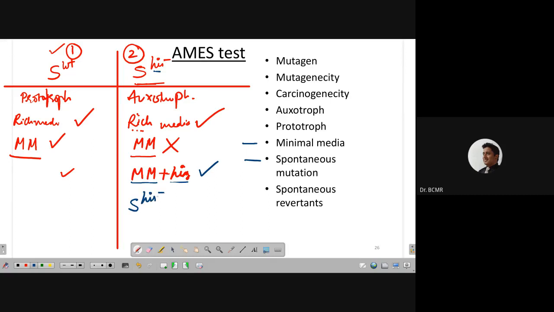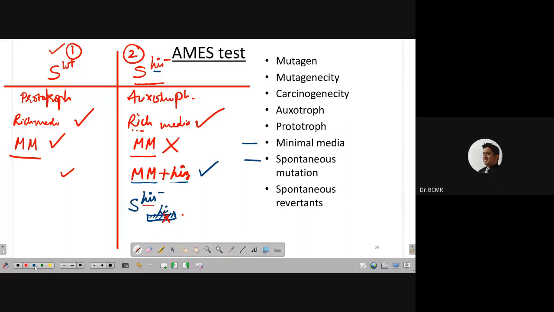There is a gene, for example, his, and it has a mutation. Assume that it is a point mutation, a substitution mutation. Because of that mutation, this is now his minus.